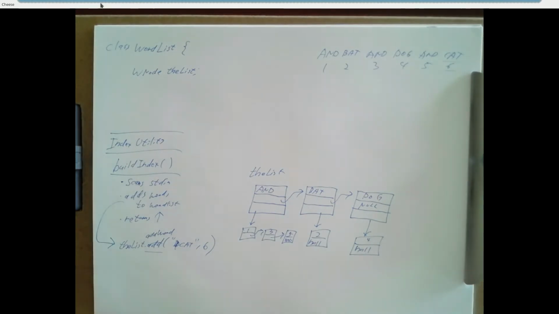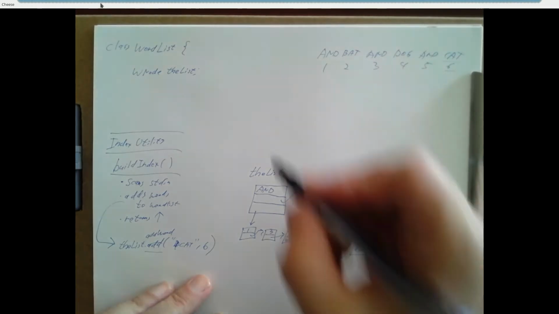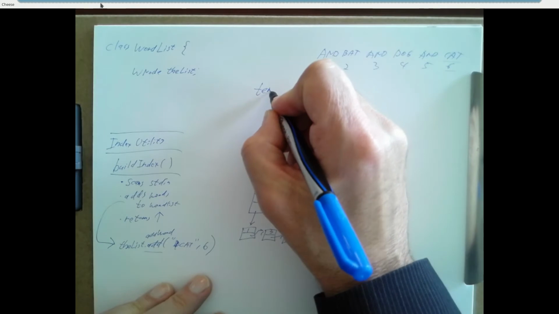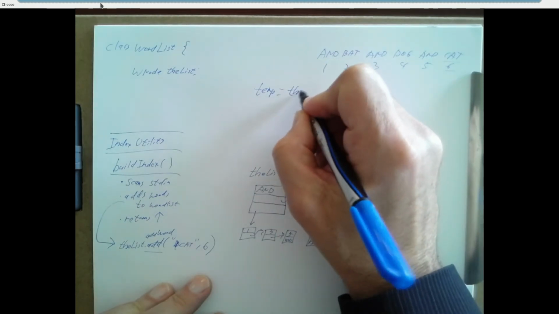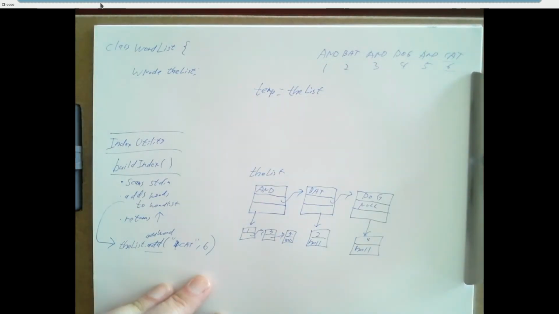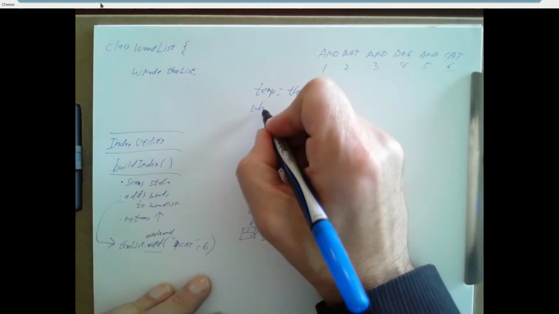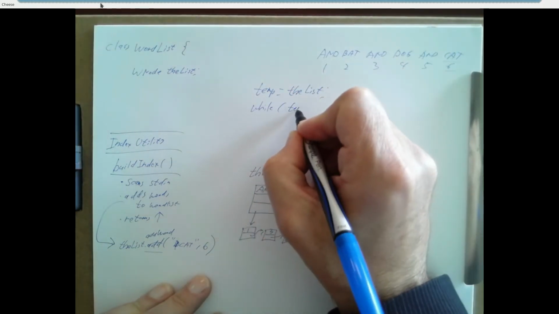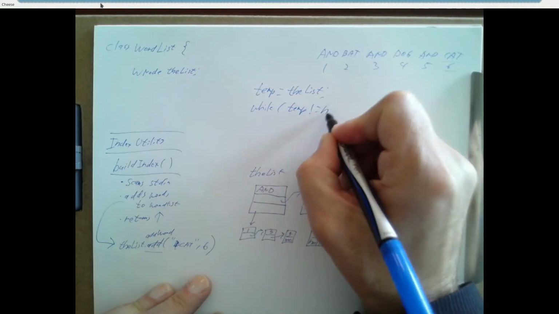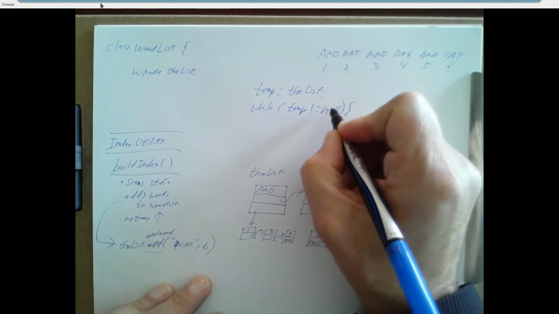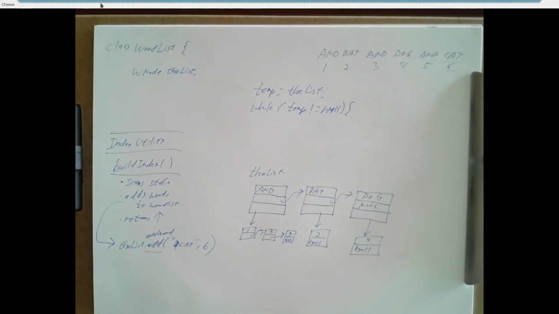If the list is null, you've got nothing in your list yet. So that's an edge case. But in general, you might do something like temp equals the list, and then while temp is not null. This won't work exactly, but pseudocode-ish.